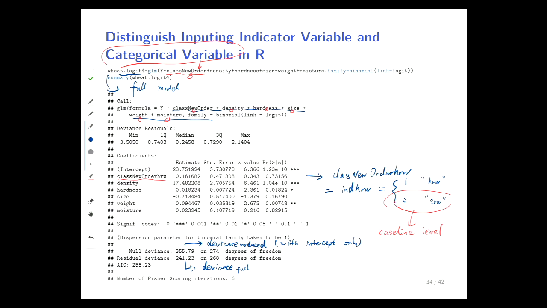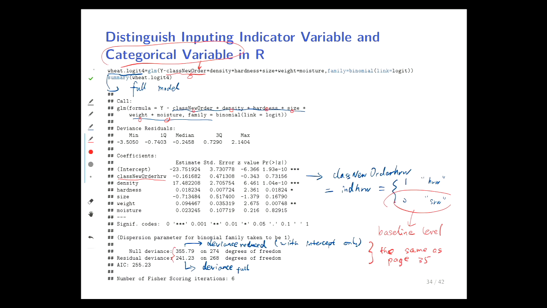So you can compare the output here. These outputs are exactly the same as page 35. That means in the summary output, we can use these 2 deviances to construct the drop-in deviance test.